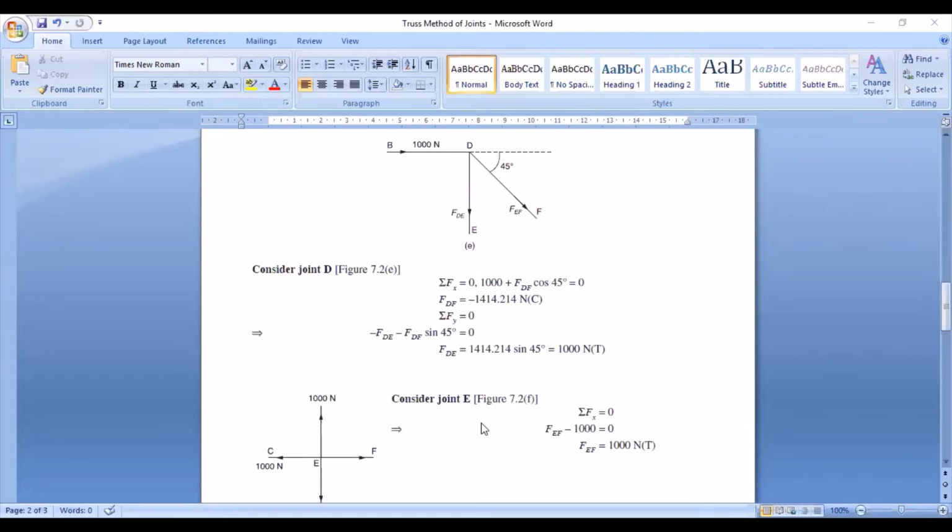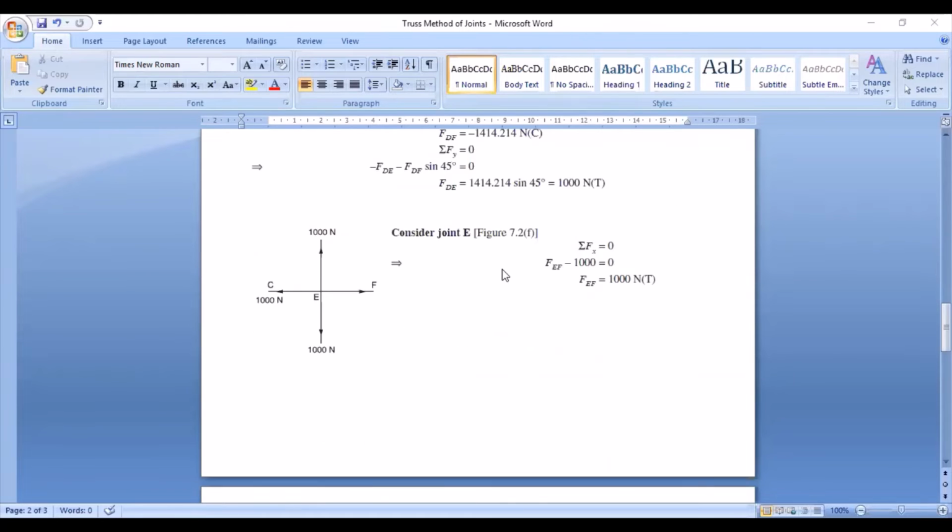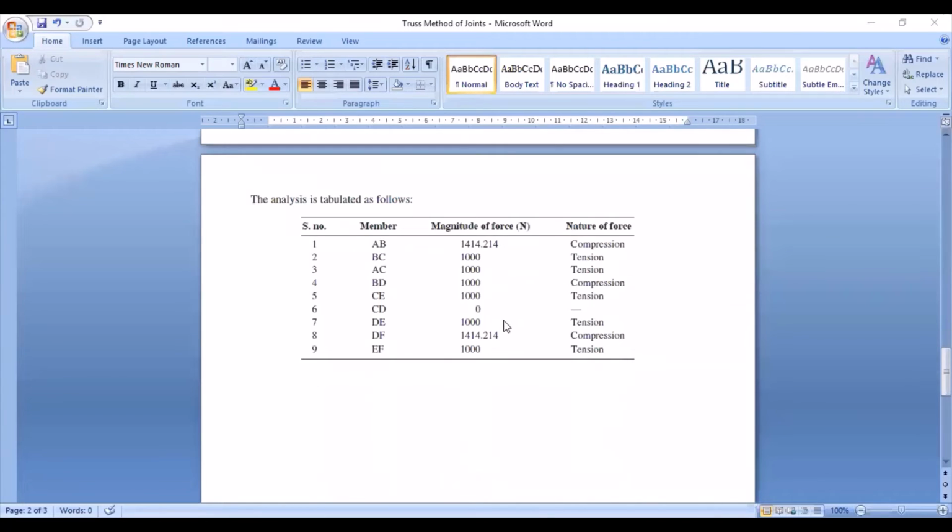Finally, once you calculate all the member forces, you are going to represent it in the form of a table like this. So AB, BC, AC, BD. For all these member forces, you are supposed to write the magnitude and the nature. You are not going to write positive and negative here. You are going to use compression and tension.